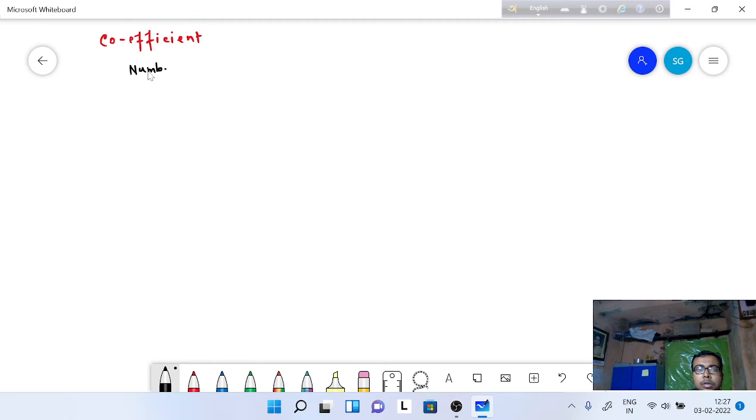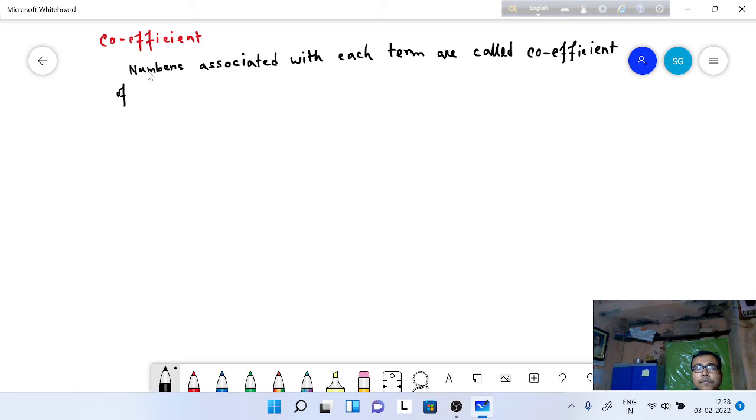Numbers associated with each term are called the coefficient of that term. Let's simplify with some examples.